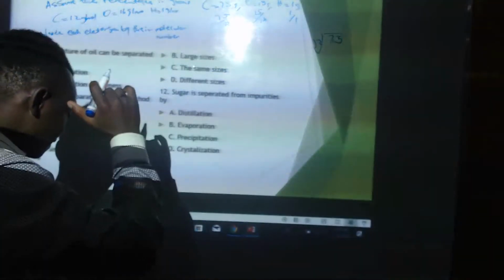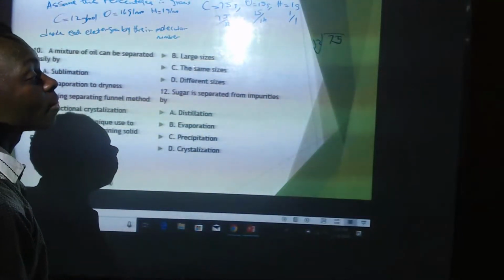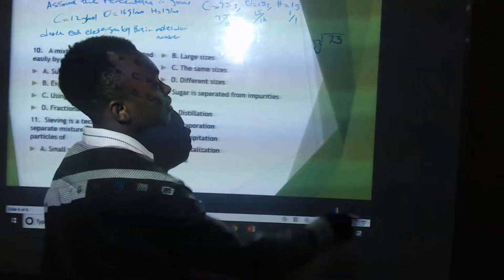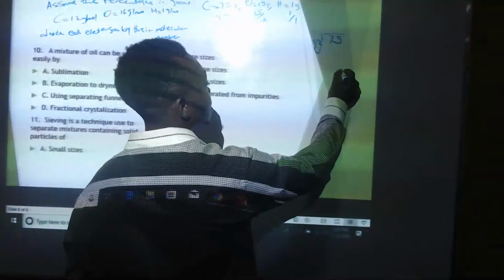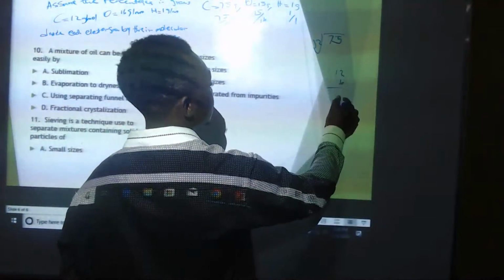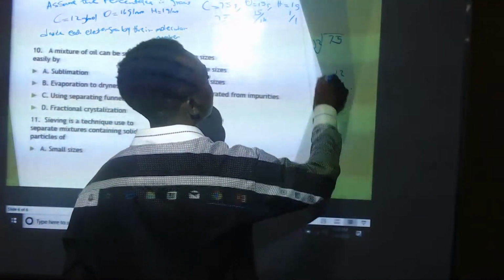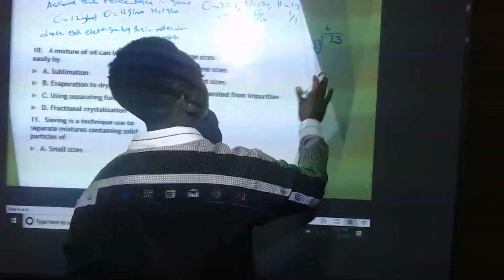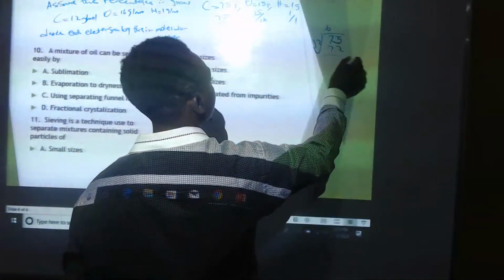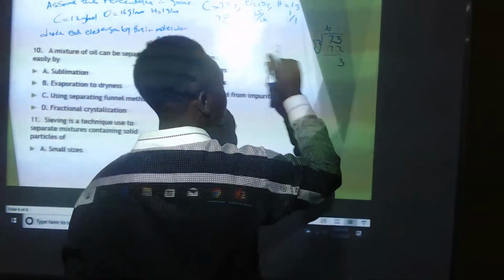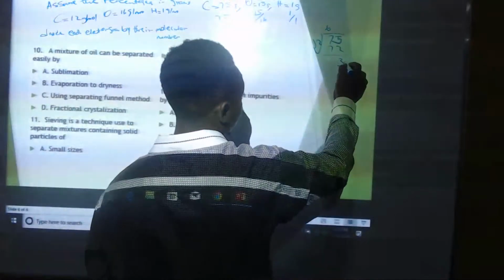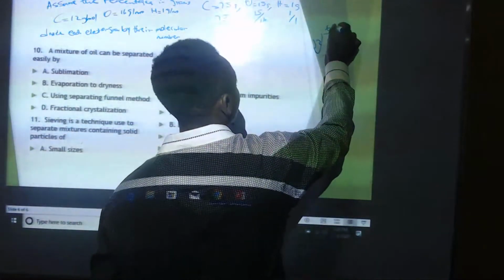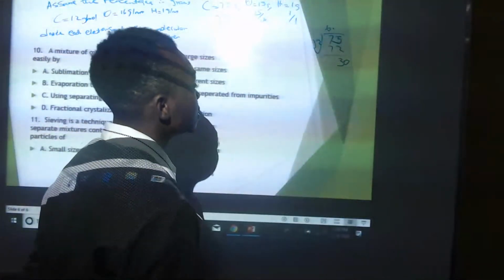Okay, let's assume we're dividing this. We're dividing 75 by 12, and you know that 12 times 6 will give you 72. So 75 minus 72 is 3. Then you add your 0 here. You're having like 6 point something.